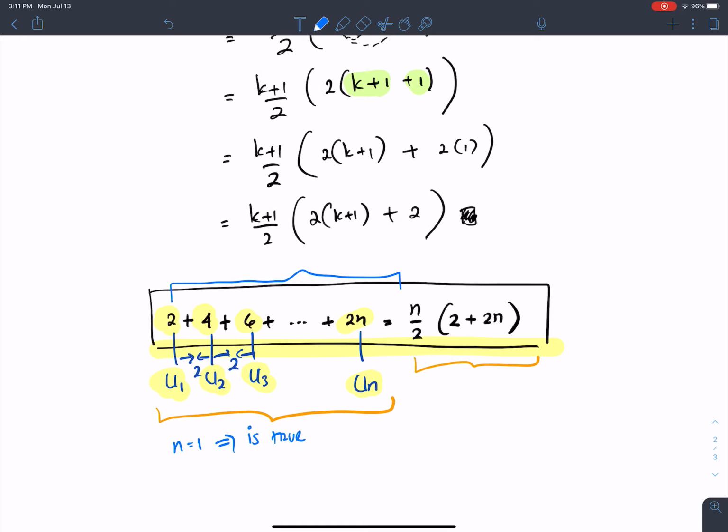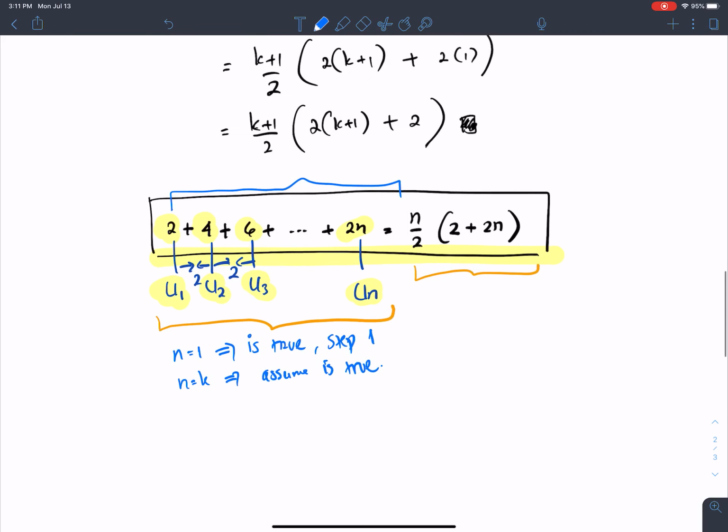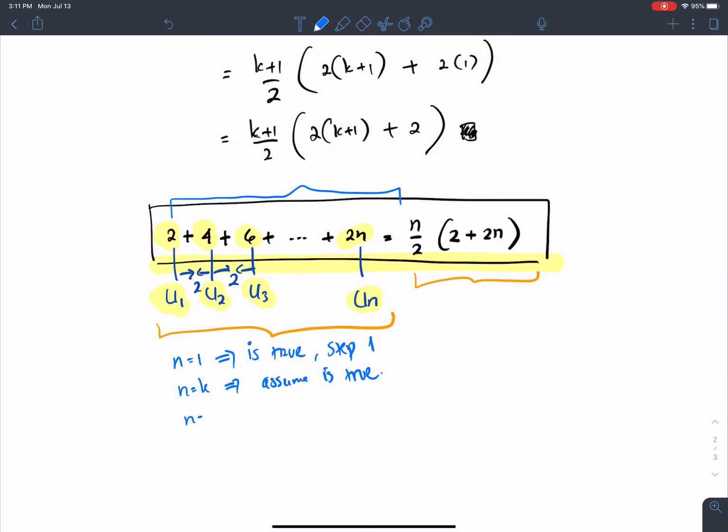We already saw in step 1. And then step 2, assume it is true for n equal to k. Since we assume it is true, then step 3 we prove n equal to k plus 1. Prove it is also true.